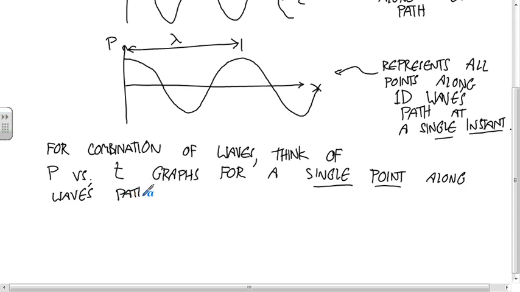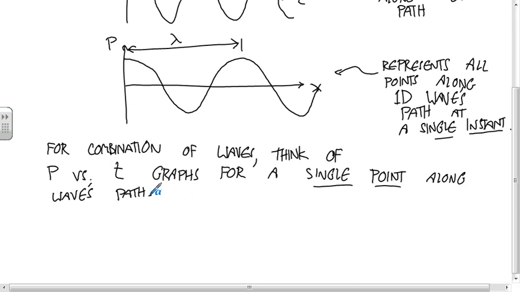And in terms of hearing applause at an event, this single point that we would be talking about would be the point in your ear where your brain is taking the signals from, okay? So these waves are coming in. That point in your ear is on the path of a bunch of these waves, and the sound that you hear is the combination of all those waves just at that single point, okay?